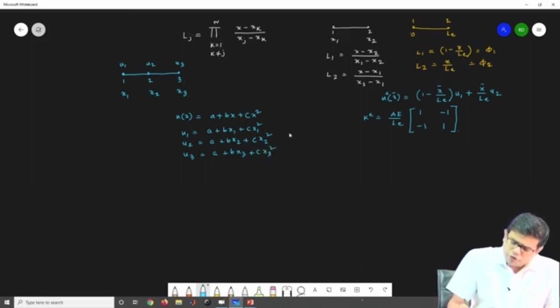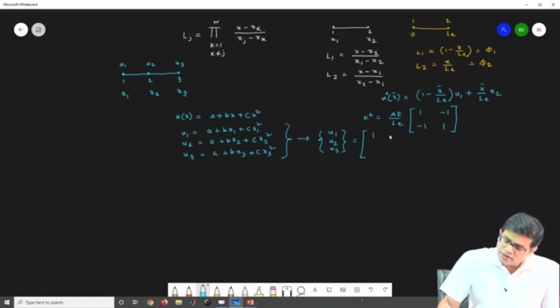So from here we can write it in this form, that is u1, u2 and u3, then this matrix as 1 x1 x1 square, 1 x2 x2 square, 1 x3 x3 square, and then a, b, c, our 3 constants.